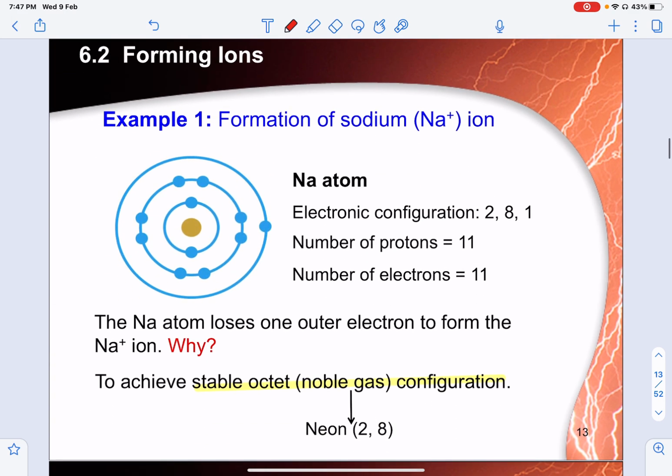When we look at a neutral atom like this, because you have only one valence electron in the outermost shell, it is easier to lose the electron to achieve the noble gas configuration, as compared to gaining 7. So you have two scenarios, either you gain 7 or lose 1 electron, which will require less energy. It will be the one to lose the electron to reach a stable octet configuration. Octet because it's 8 here.